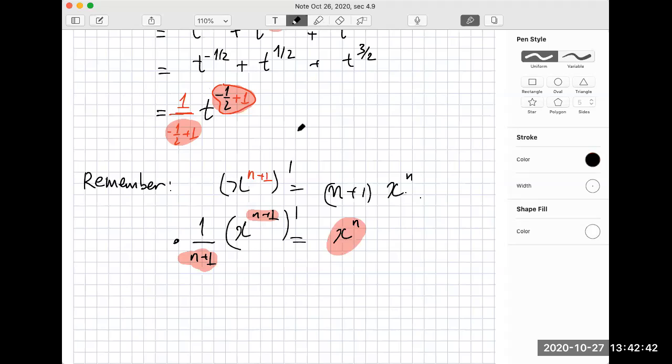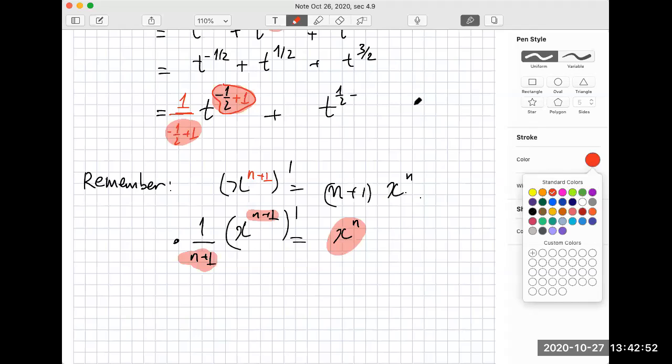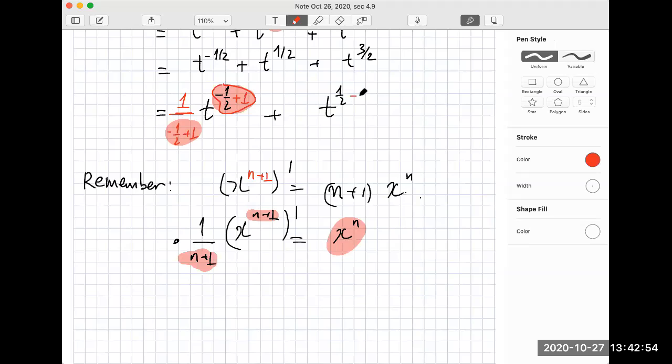The second term, can you tell me what it is? T to the, very good, plus 1. Perfect, Matthew. It is 1/2 plus 1, right? Do you all agree with this? So do you have any question up to this point?